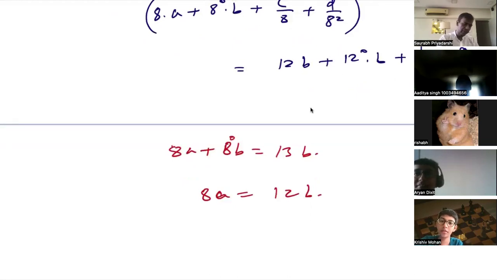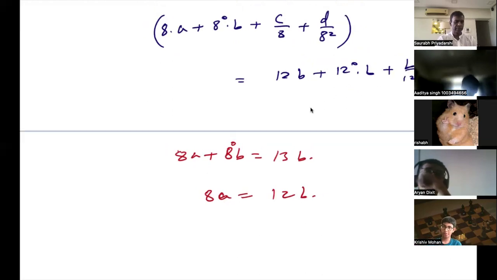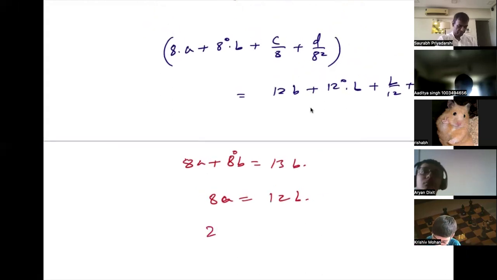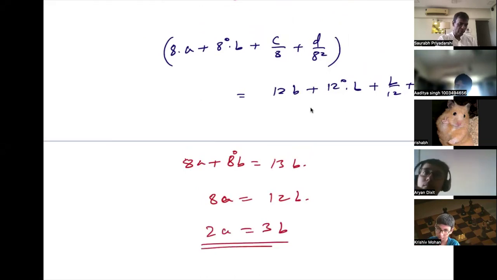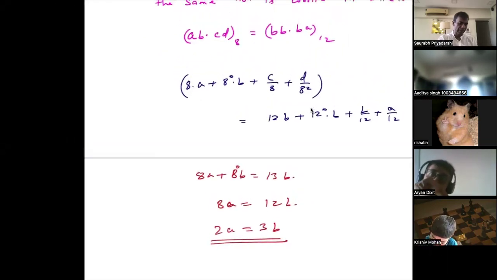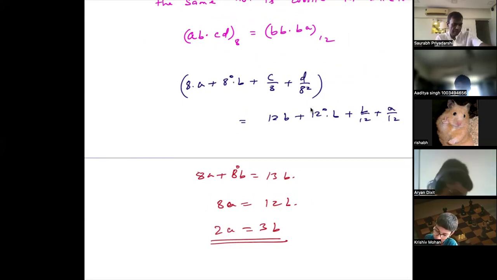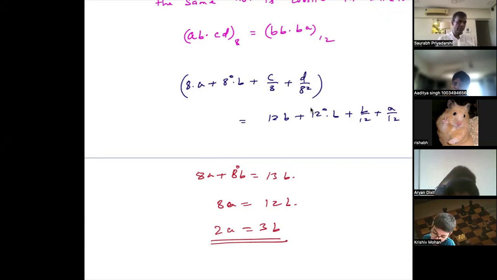Yes. Okay, so 1 minute. 2A is equal to 3B. Now you have to find the possible values of A, B, C, D. What are the possible values you have? Just compare the numbers.